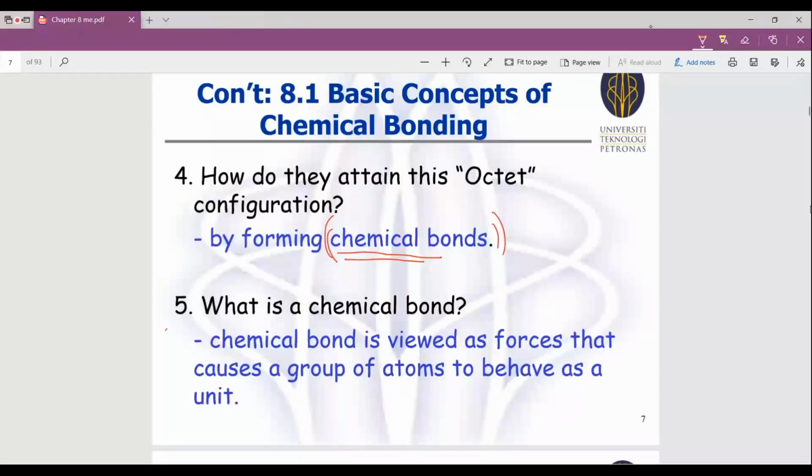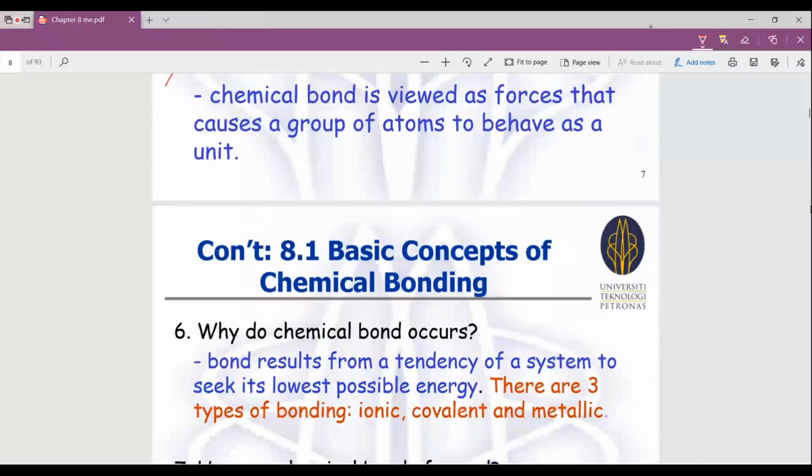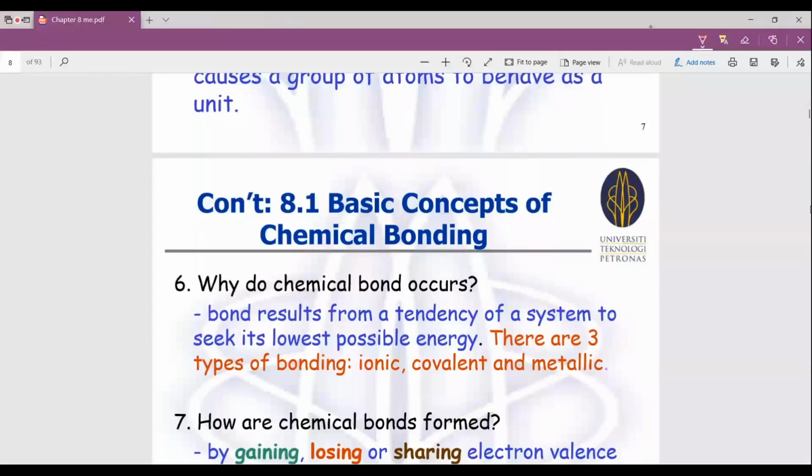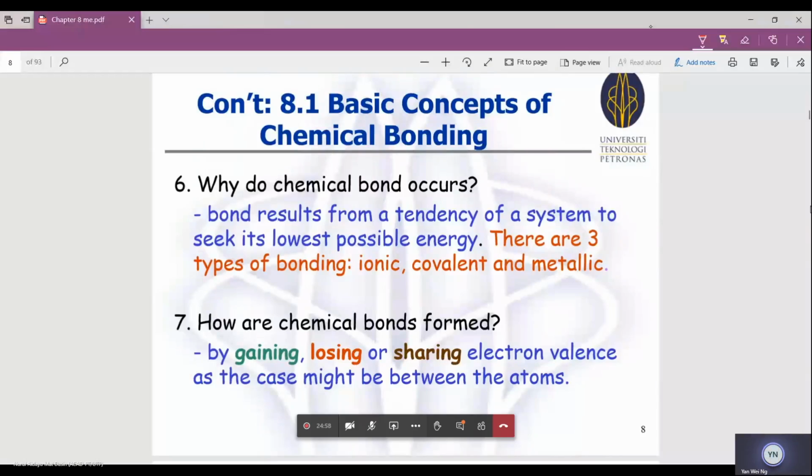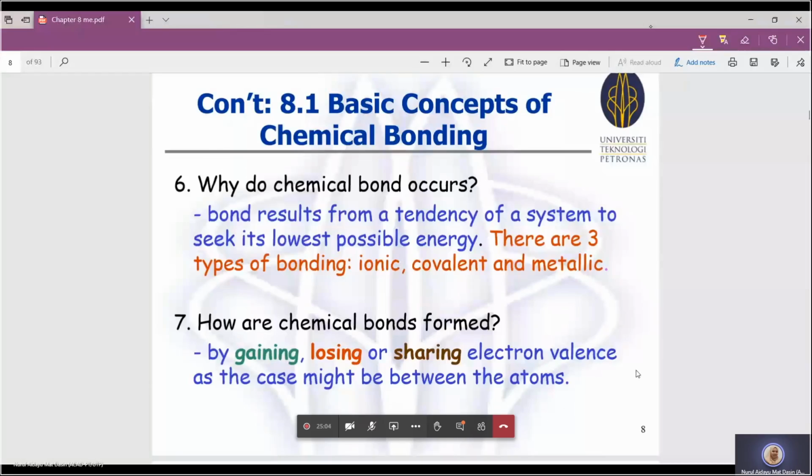So what is a chemical bond? A chemical bond is the bonding between elements, like Cl. So this is a chemical bond. How do chemical bonds occur? Bonds occur so that atoms have the opportunity to achieve stable configurations, isn't it?